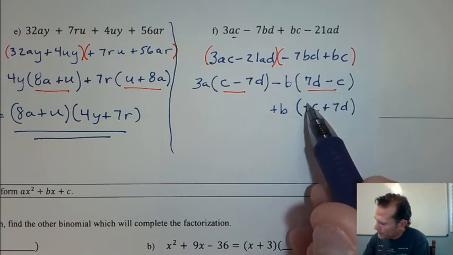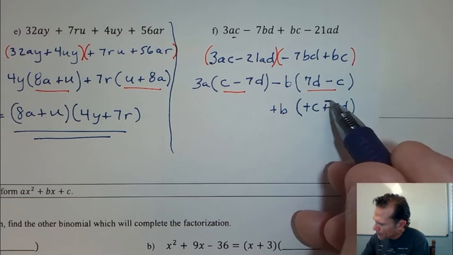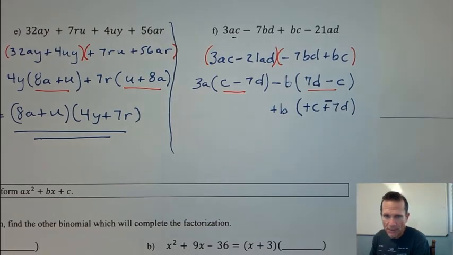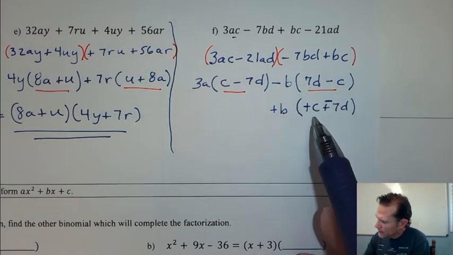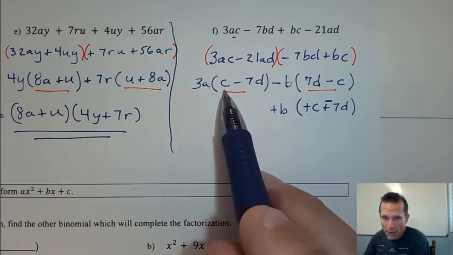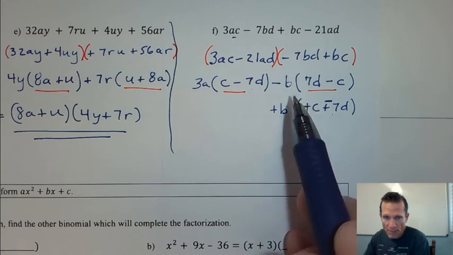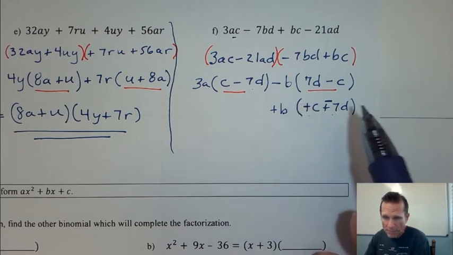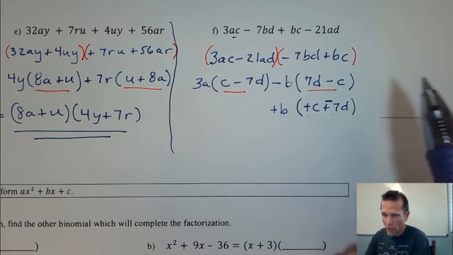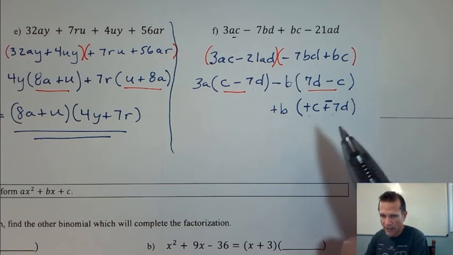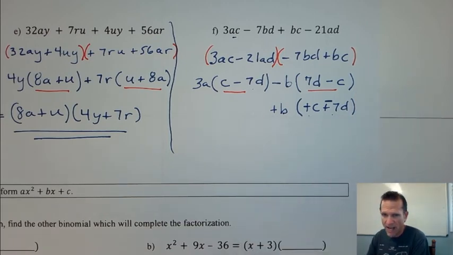Okay, so these signs would have been the opposites of what they are, and it would have been plus c and minus 7d. And now we can see that we have plus C, minus 7D, minus 7D. So by rearranging, by the luck of the draw, it didn't come out the easiest, and I had to think through some complicated signs.